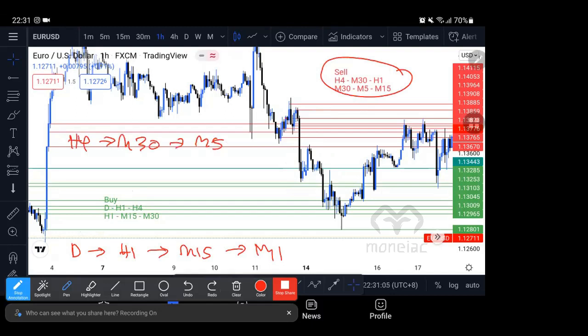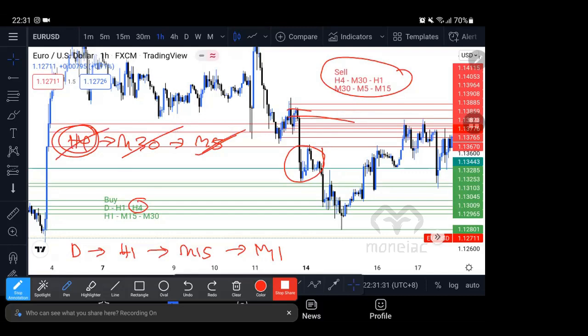So let's say we are taking entry over here, and the H4 is too far. We need to monitor the H4 breakout, right? But the market is not going to break the H4 directly. It will need to break the M5, M30, then H4.